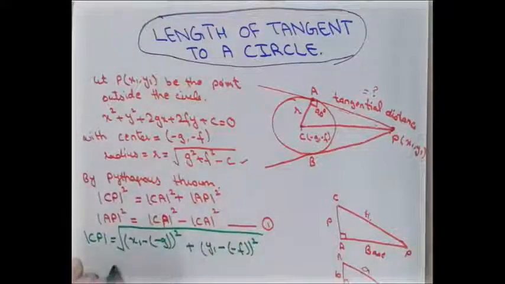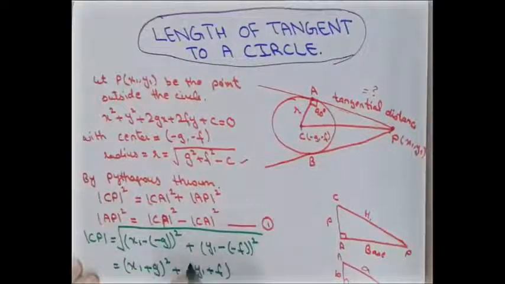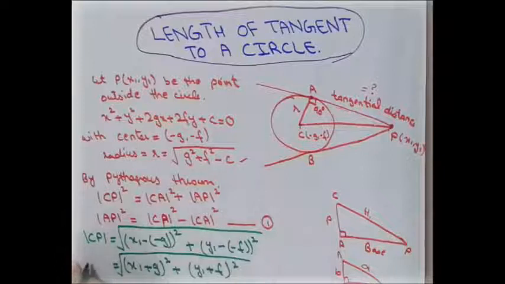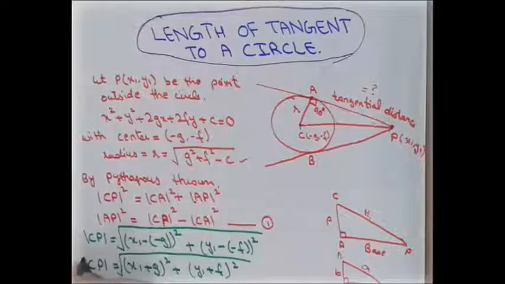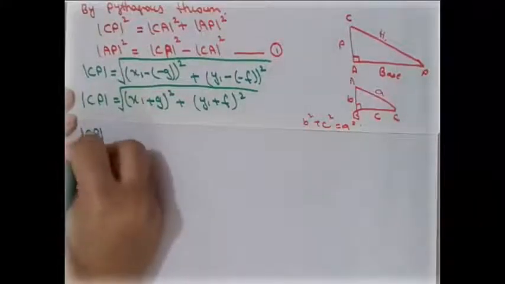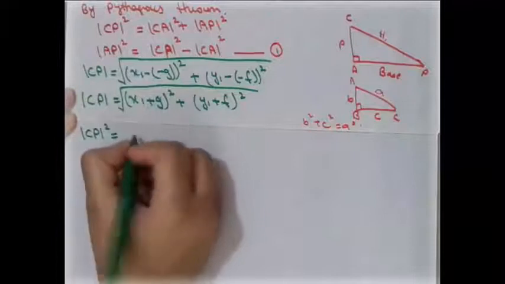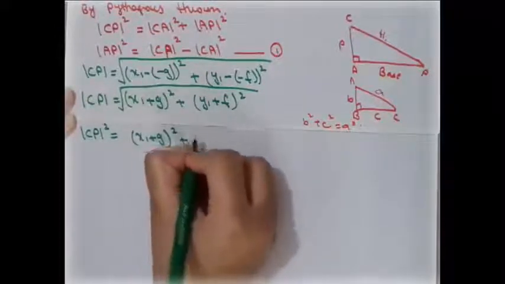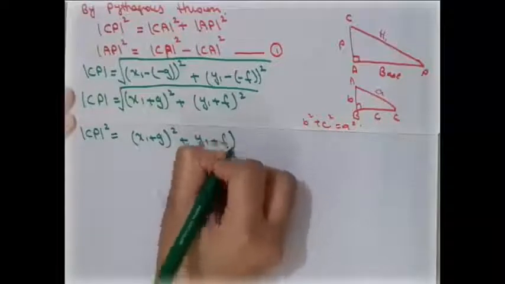Now to solve it, this equals the square root of (x1 plus g) squared plus (y1 plus f) squared. Finally we have to find the distance between these 2 points, but we need the square of this. So taking a square on both sides, we get (x1 plus g) squared plus (y1 plus f) squared.